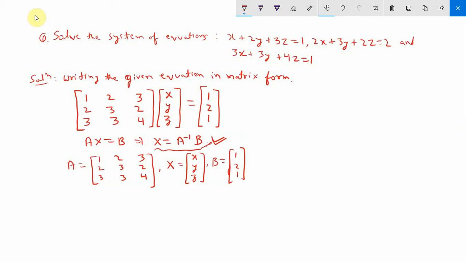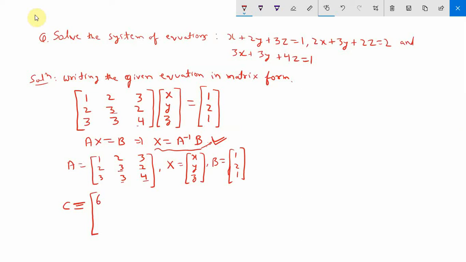So we will find the matrix of cofactors so that we can calculate the adjoint. First term will be plus, so 3 into 4 minus 3 into 2, so 6.